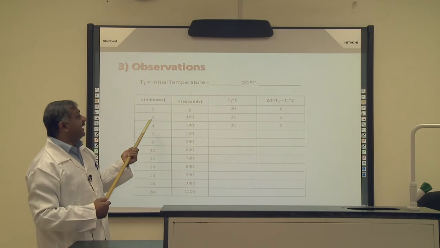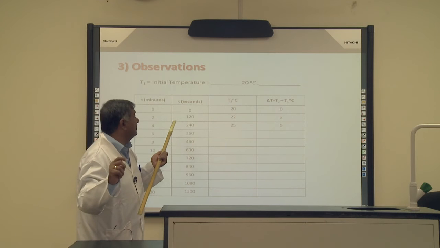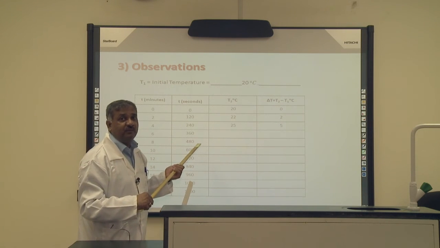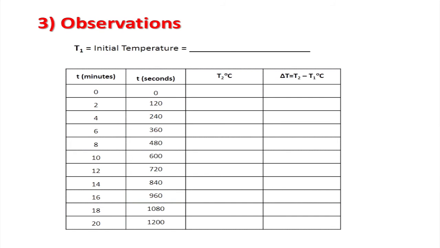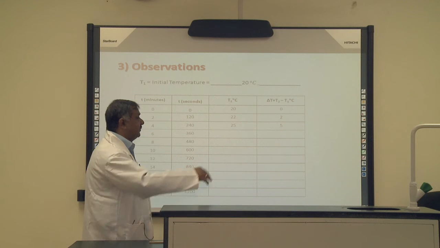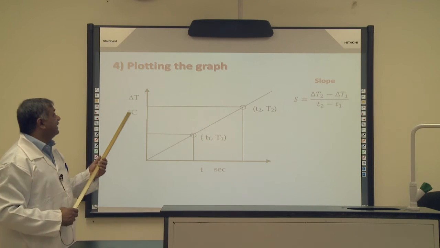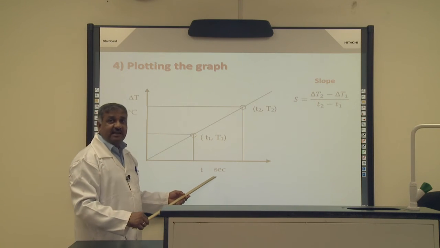Keep in mind our stopwatch was reading in minutes. Every 2 minutes was easy to note down, but for the calculations and for the graph we are going to use time in seconds. That is why we have given you this column for the seconds. After reading up to 20 minutes, you will plot a graph between delta T, the difference in temperature, and the time in seconds.